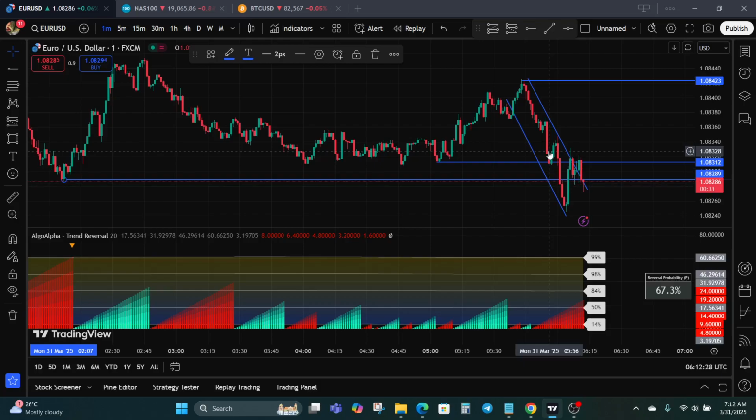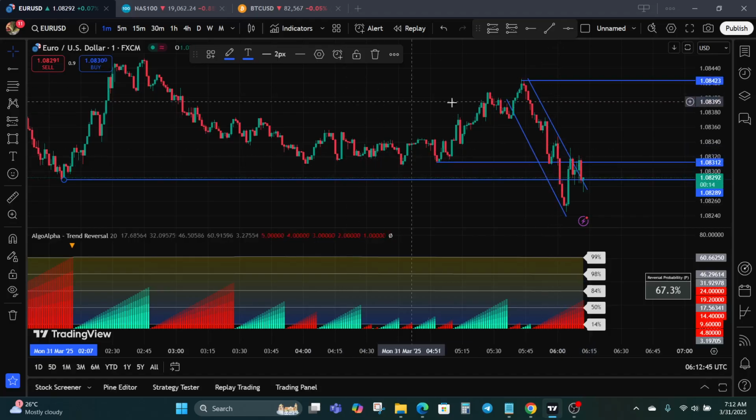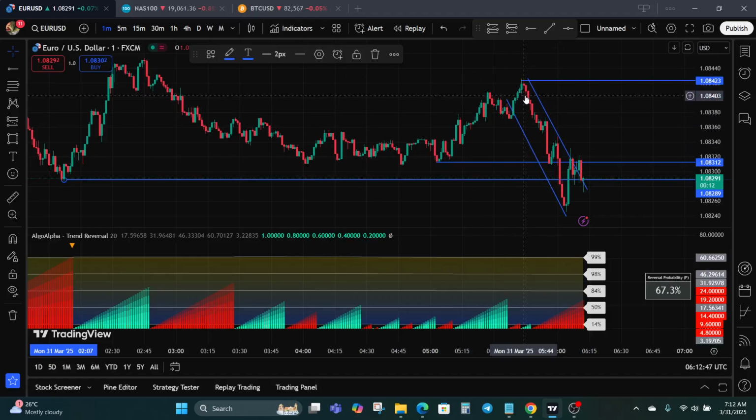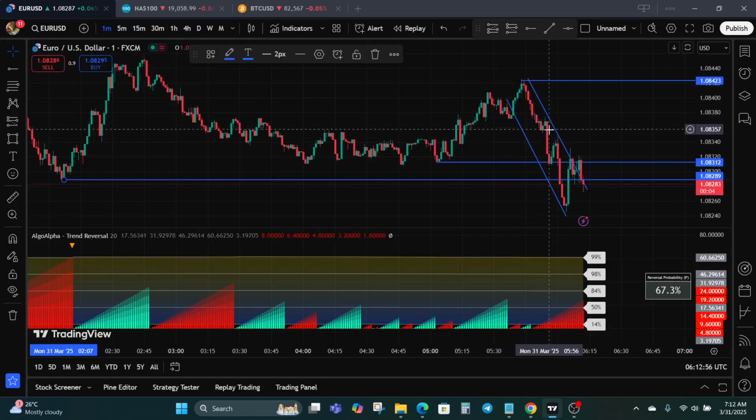Now, how do you actually incorporate this tool into your trading strategy? It's all about timing and using the oscillator signals to your advantage. Once you identify a potential trend reversal, you can prepare for the shift in market direction. For example, if the indicator signals a reversal in an uptrend, you might start looking for short selling opportunities or wait for the market to show signs of weakness.